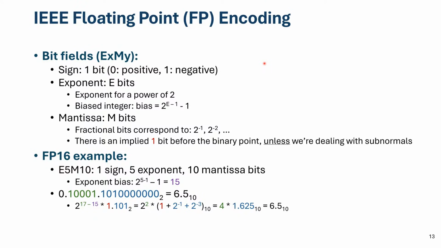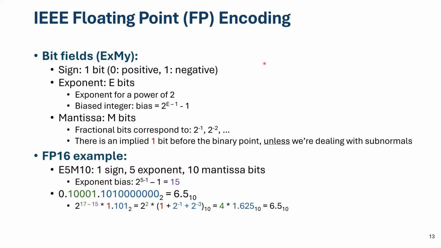Then you have exponent bits. So we'll have E bits of exponent. And exponent is really just a power of 2, and it's represented as a biased integer. We didn't touch on those, but basically there's a bias, and I'll give the formula here. It's not super important how it is, but the idea is that if you look at the exponent bits and just interpret them as an integer, they'll be between 0 and some value.